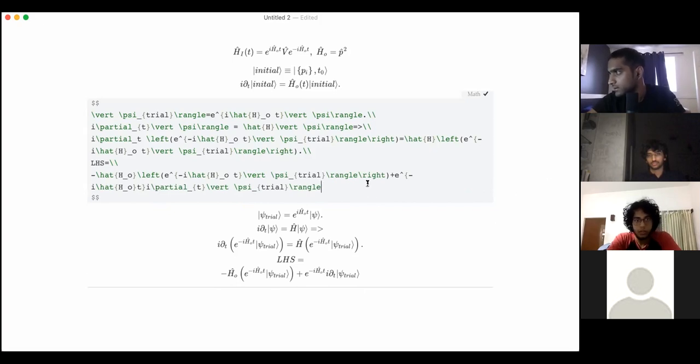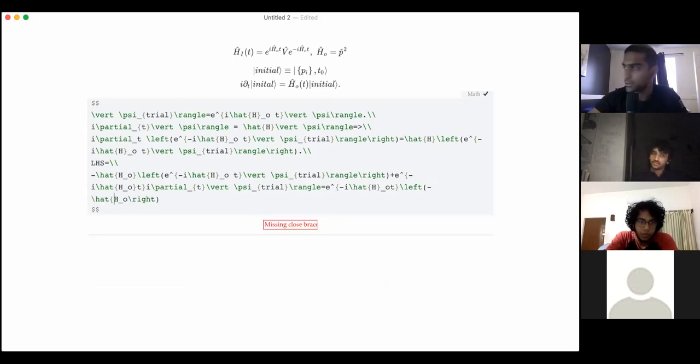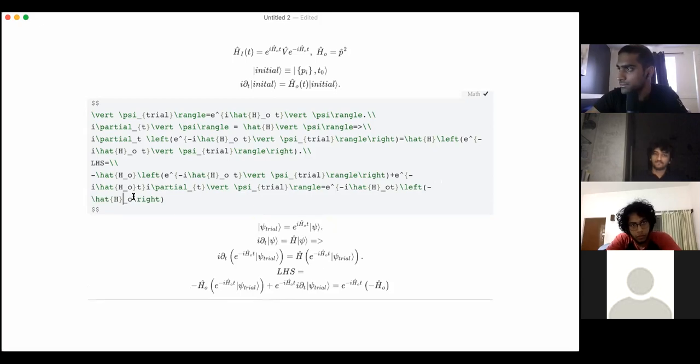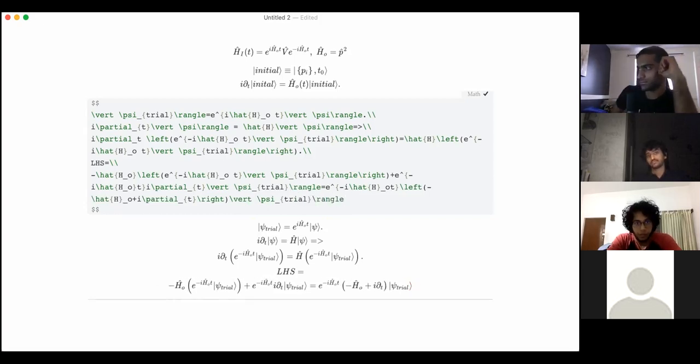Let's write this as e power minus i hat H naught t times H minus H naught, just an operator, plus i partial sub t acting on psi trial.